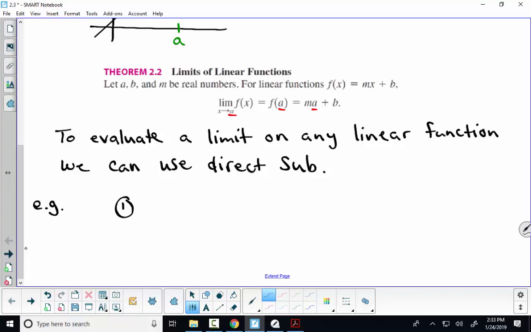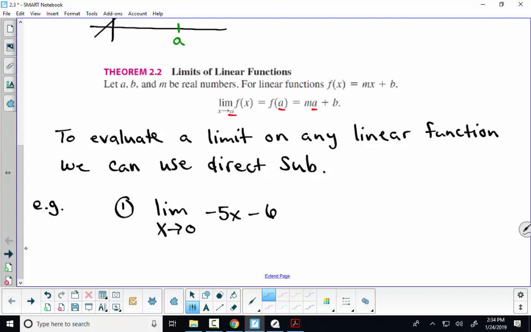All right. For instance, if we had to evaluate the limit as x approaches 0 on negative 5x minus 6, I will say that the more efficient you are at recognizing particular types of functions, the easier it's going to be when it comes to evaluating limits, because you already know a great deal of information about many functions.